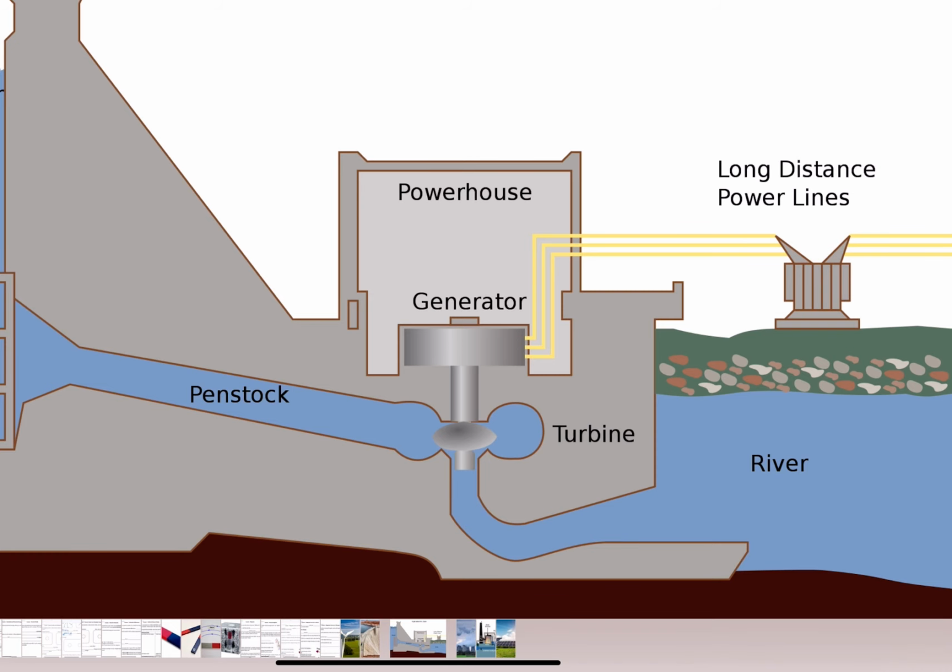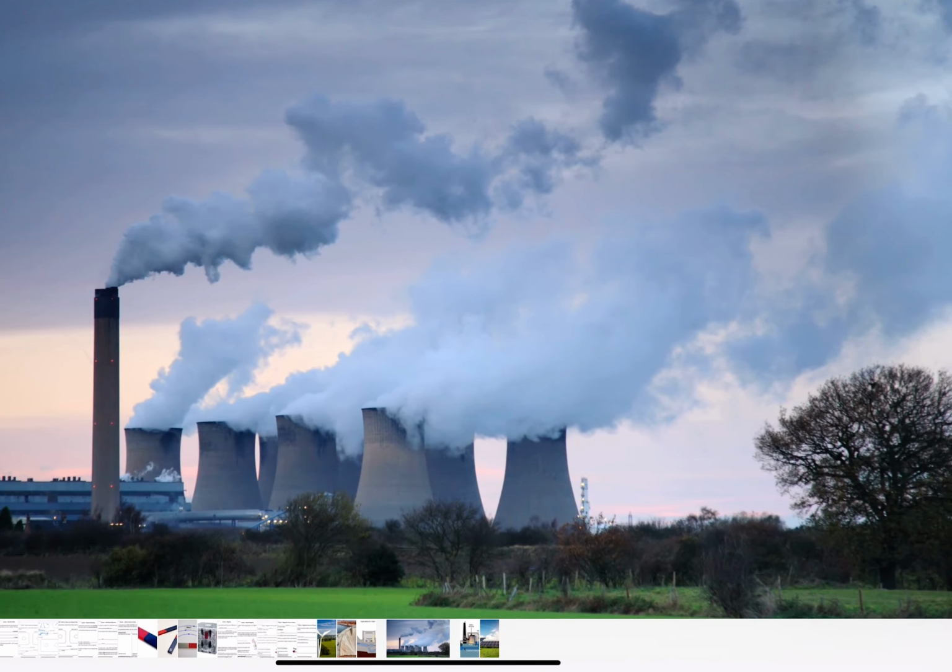How else do we make electricity? Well, there's the option of burning stuff to heat water. And so this, what we're looking at here, could be a coal power plant that burns coal to make heat, or it could be a natural gas power plant that burns natural gas to make heat, or it could be a nuclear power plant that runs a nuclear reaction to create a ton of heat.